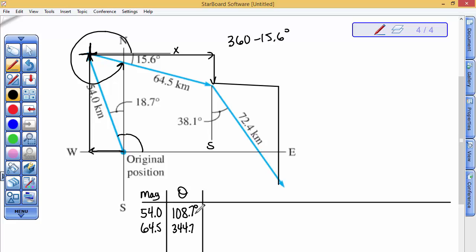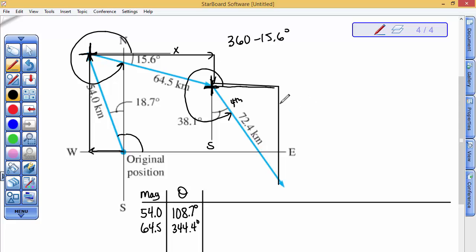And then this vector right here. So I put this little plus sign right at the tail of that vector so that I can see it in the rectangular coordinate system, and I can see that this vector right here is in the fourth quadrant. So for me to figure out the size of that from the x-axis to go all the way around to here, I'm just going to go 90 plus 180, 270, and add the 31.